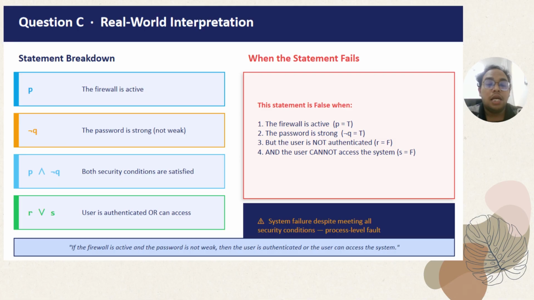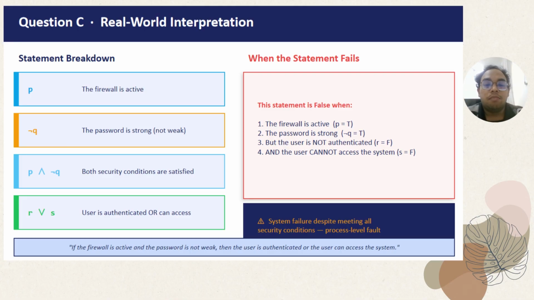For question C, we translate this logical statement into a real-world context, specifically a computer security system. This system means if the firewall is active and the password is not weak, then the user should be authenticated or be able to access the system. In other words, when both security conditions are satisfied, an active firewall and a strong password, the system is expected to grant the user access.